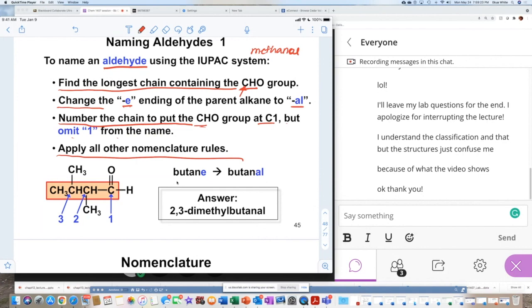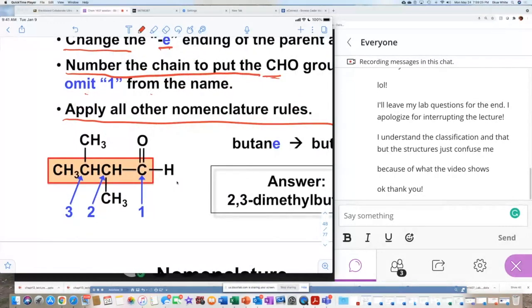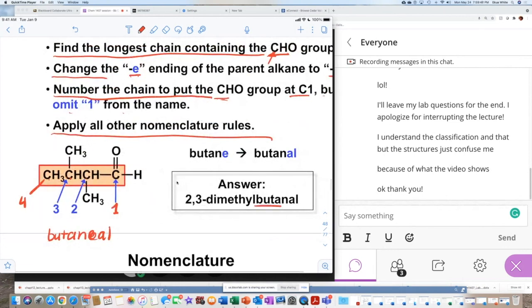Okay, so the example here is an aldehyde that has 4 carbons in the longest chain. You start numbering from the right: 1, 2, 3, 4. So this is the 4th carbon. If it was an alkane with 4 carbons, you would name it butane. But now you're dealing with the aldehyde, so you name it butanal.